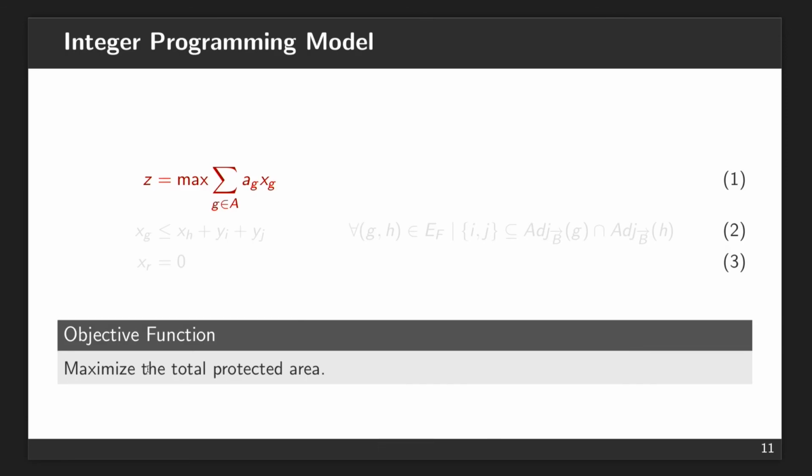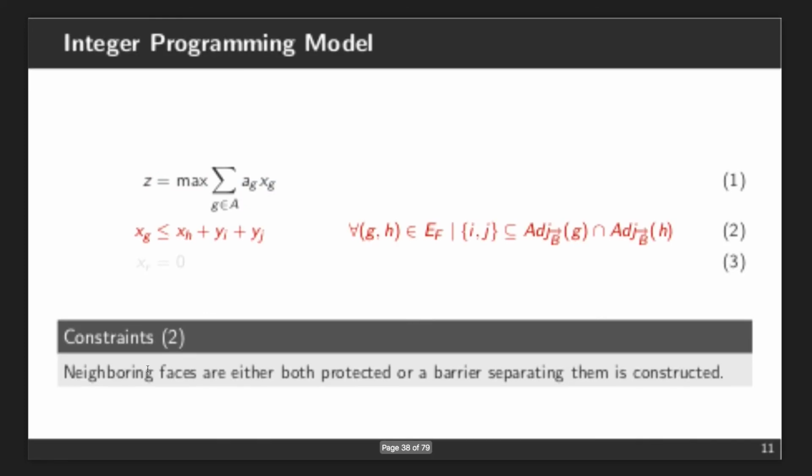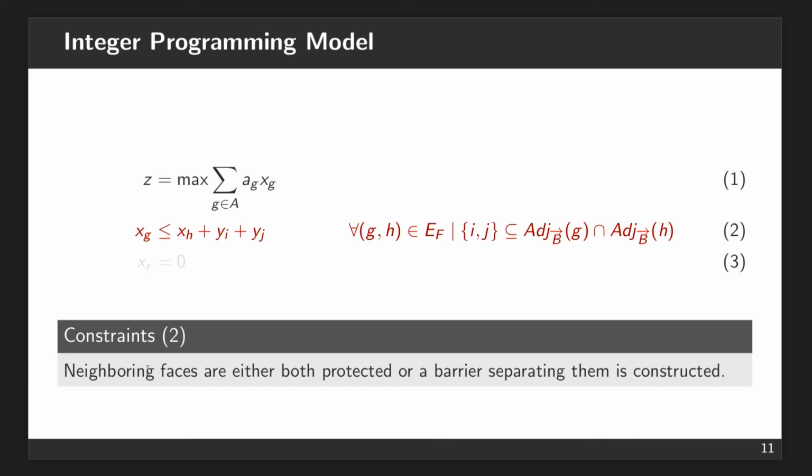So the model is relatively simple. You have the objective function, and you want to maximize the area that is protected. Here is the first constraint, which says that if you have two faces that are adjacent, what you have is that either they are both protected, or one of the barriers separating them has to be constructed.